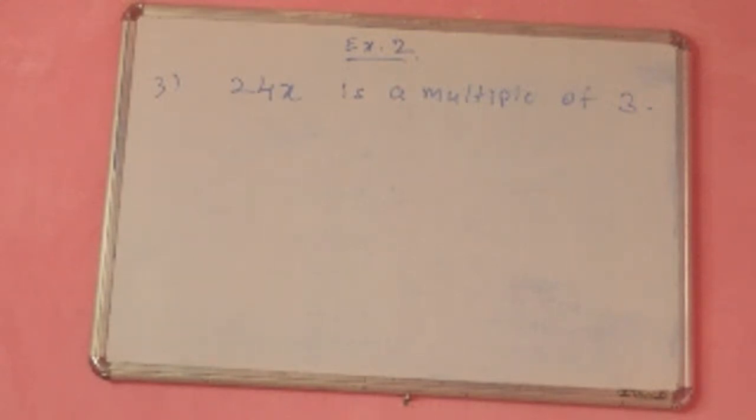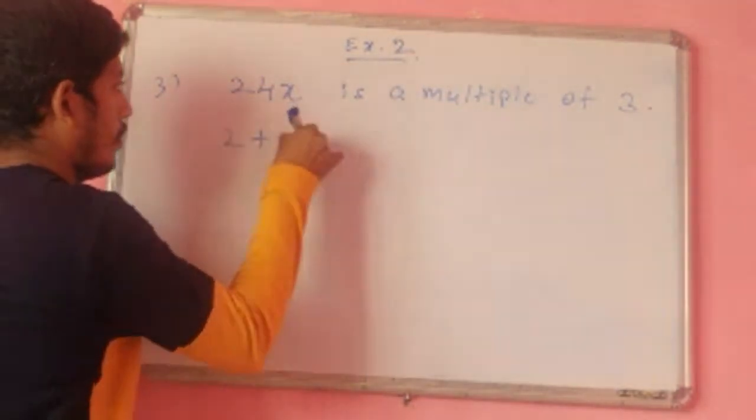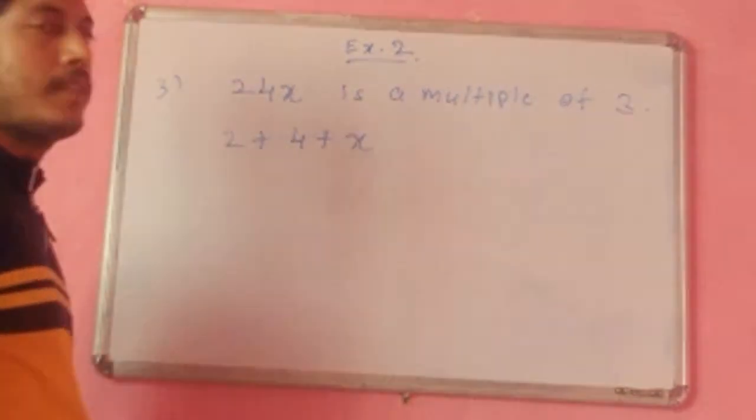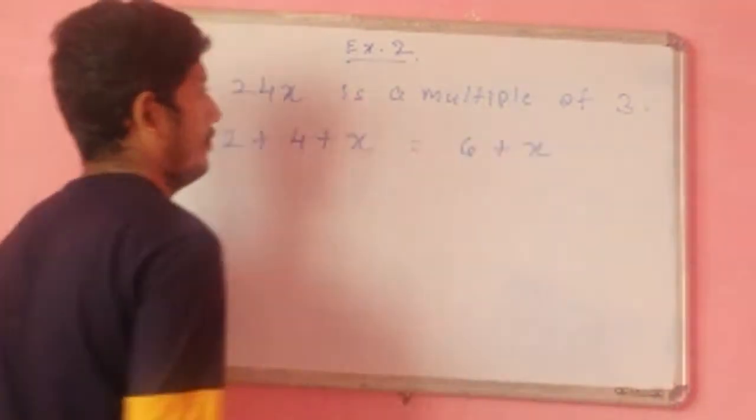So which value do we have to substitute? 2 plus 4 plus x. 2 plus 4 is 6.